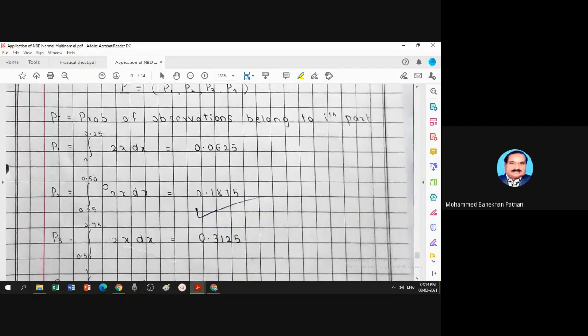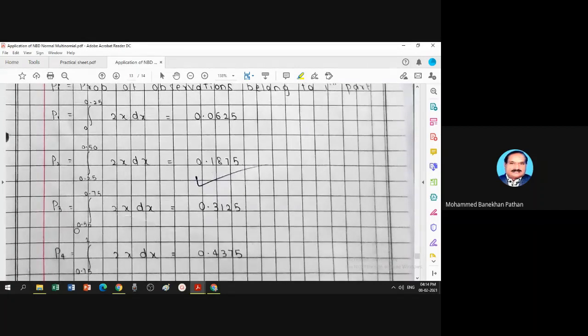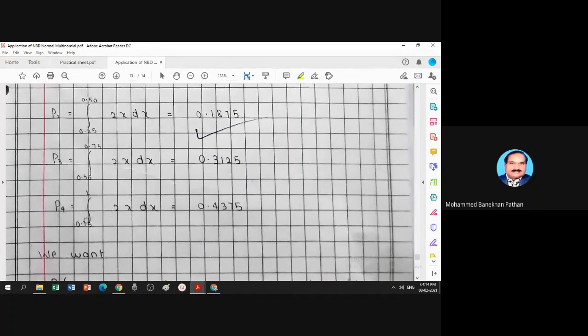P2, second part, observation belongs to second part, 0.25 to 0.50. Repeat the calculation. P3, third part, 0.5 to 0.75. Solve the integration, you get this answer. P4, 0.75 to 1, is 0.4375.